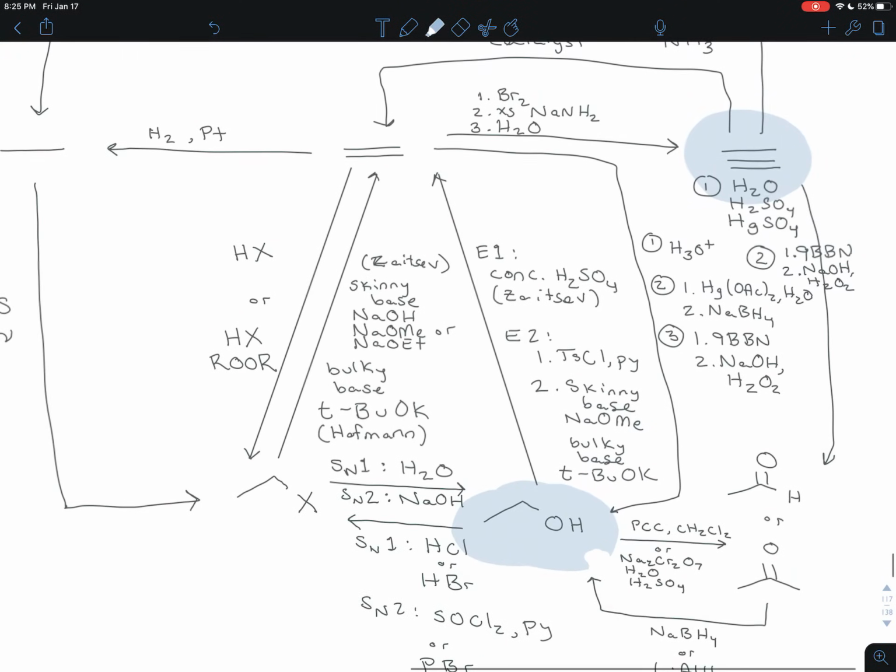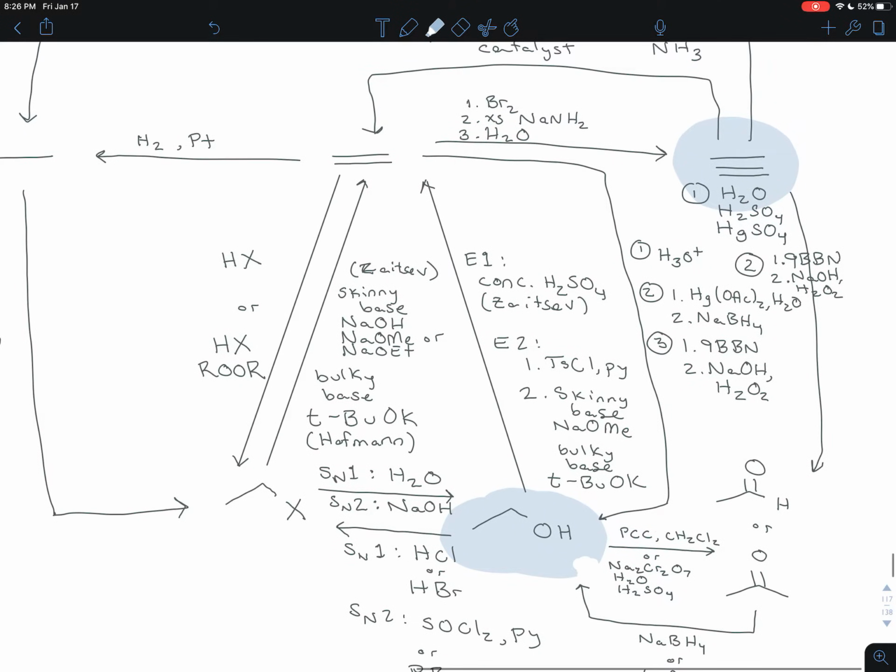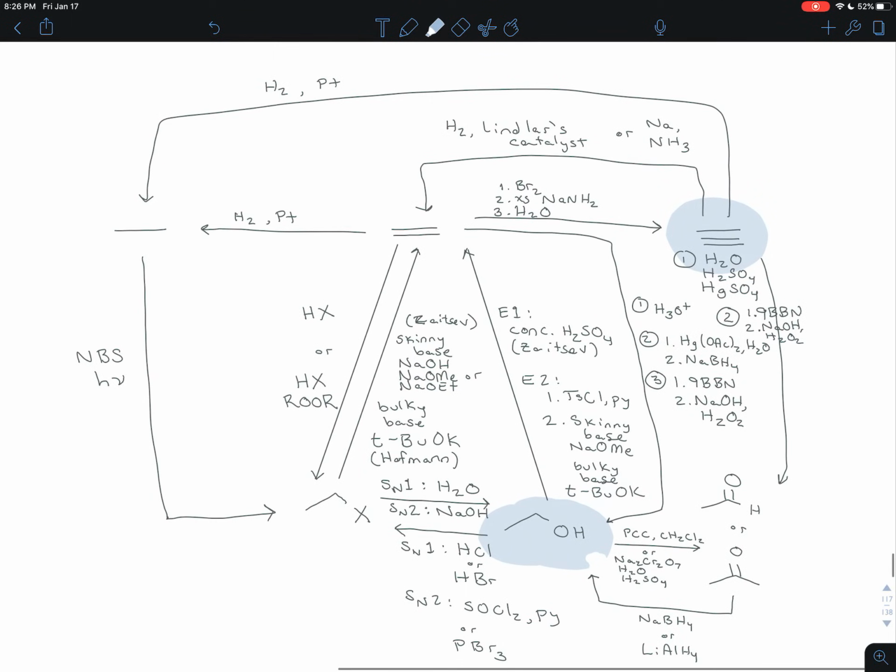Now there are many ways to do that, right? We could turn the alkyne into an aldehyde or a ketone, and then we could reduce it. That's one possible synthesis. Or we could turn the alkyne into an alkene, and then do an addition reaction. That's another possible synthesis. So there are many ways of tackling this and solving this problem.